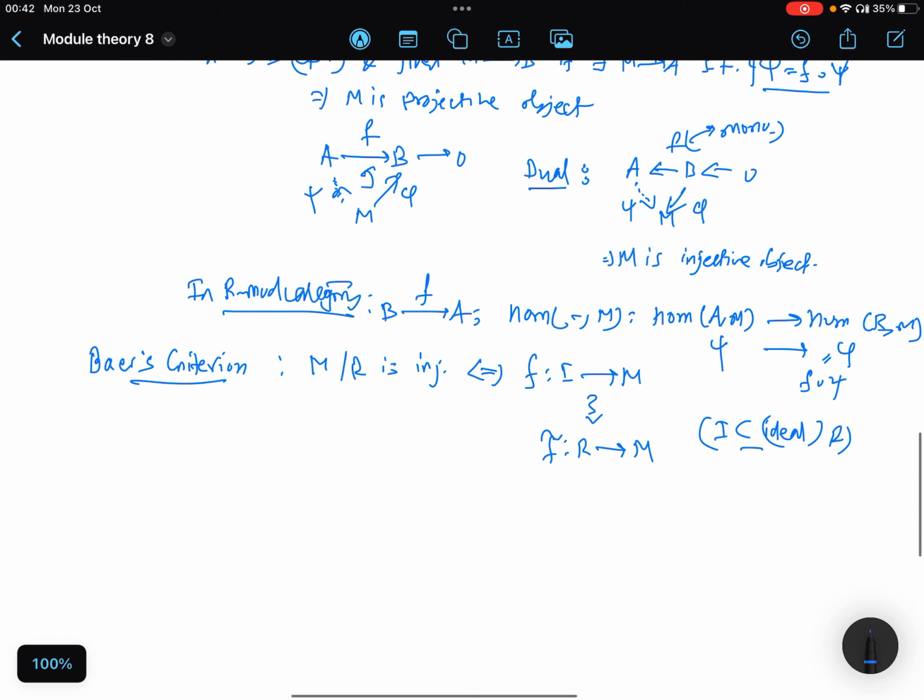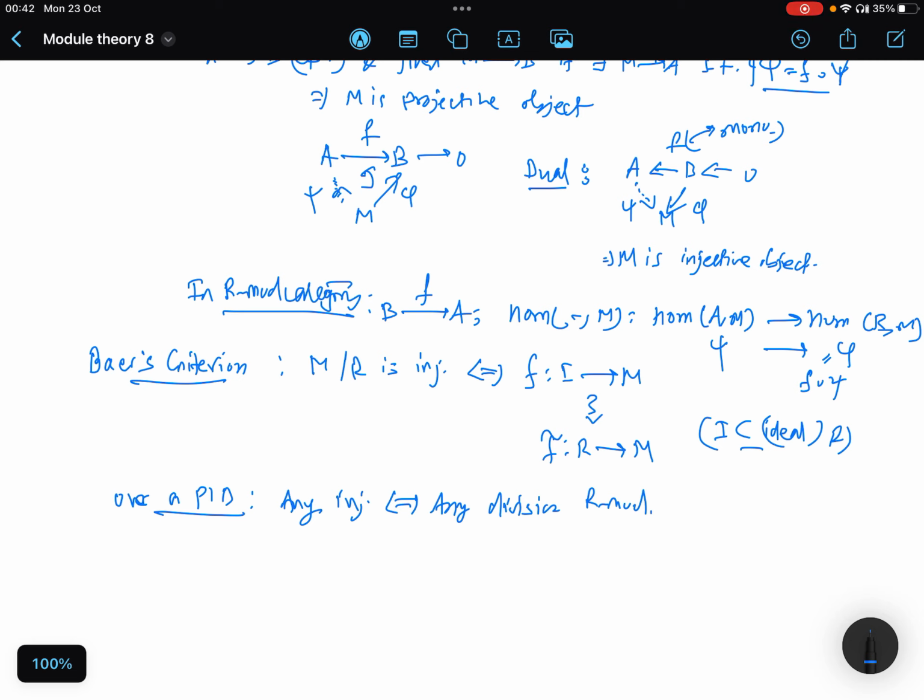And from there it will follow that over a PID, injective is the same as divisible.